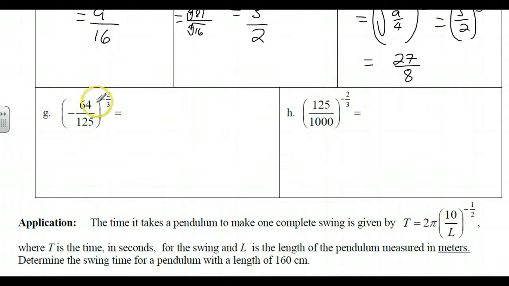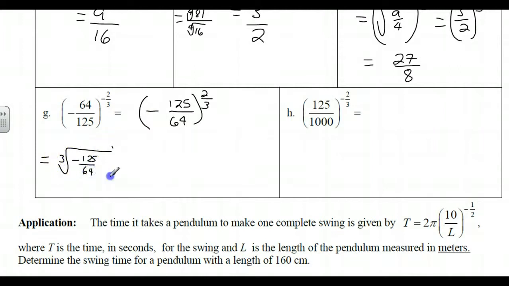In this case, the negative is inside the brackets, right? So we're going to maintain that negative. We're going to take the reciprocal of the fraction and turn the exponent positive. So the cube root of this, right, because that's what it is, it's the cube root of negative 125 over 64.